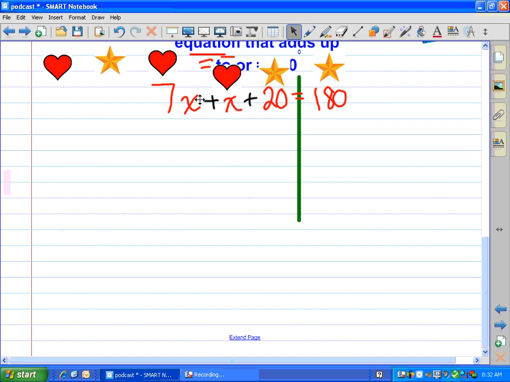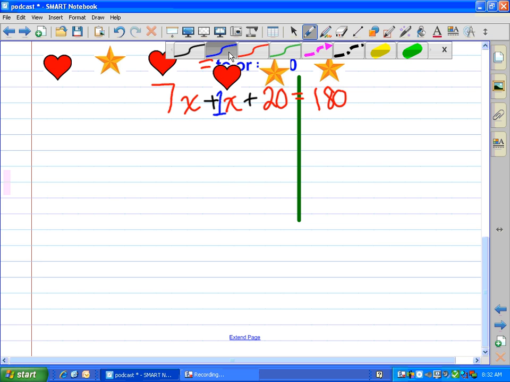It doesn't matter. I'm going to put my hearts together first. If you said, Mr. Phillips, you need to put a 1 in front of that x, excellent job. 7x plus 1x. 7 plus 1 gives me 8.